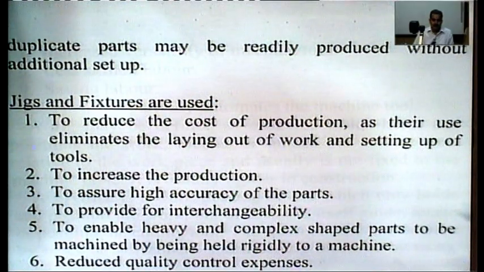Next is reduced quality control expenses. Once the jigs and fixtures have been set up, there is very little requirement for checking quality, because when we incorporate jigs and fixtures, the process partially becomes automatic.